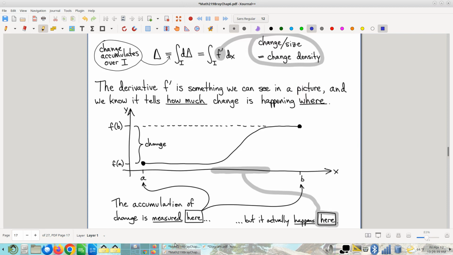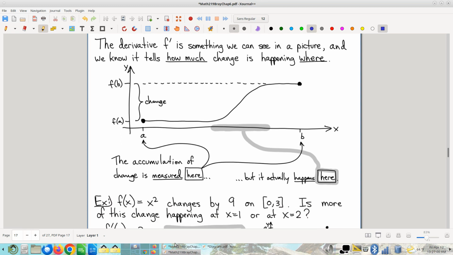The point of view I want to push on the fundamental theorem of calculus is that it's an observation of the accumulation of change. And this weird new take on derivatives as being a density of sorts, right? So again, let's talk about where the quantities are computed versus where they really happen.